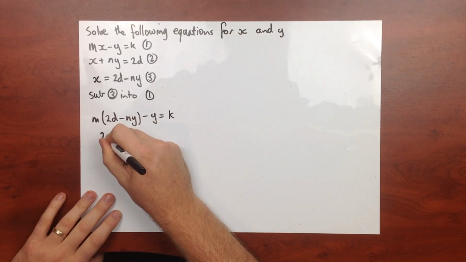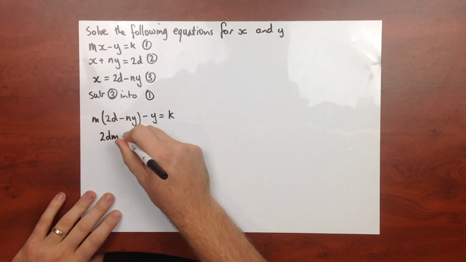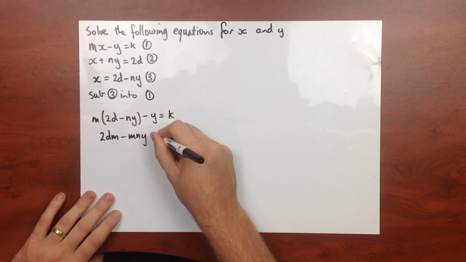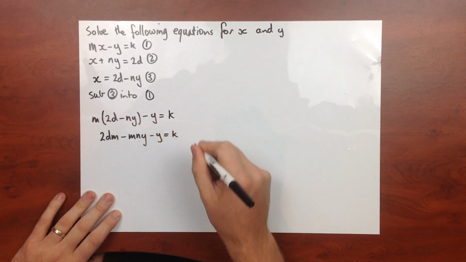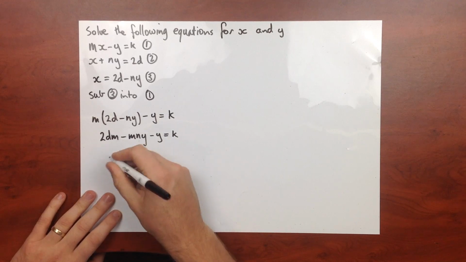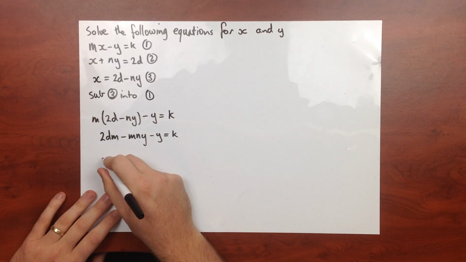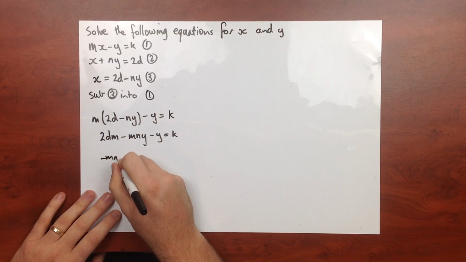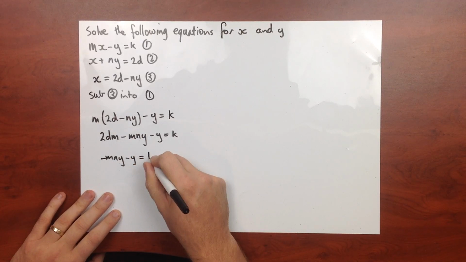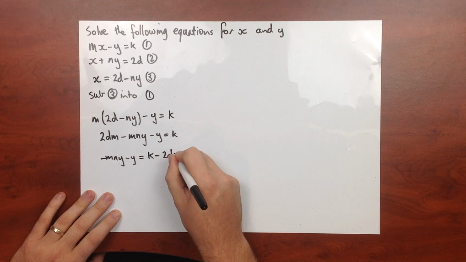So I've got 2dm minus mny minus y equals k. Now I'm going to move a few things around here. I'm going to say that I've got my negative mny minus y equals k minus 2dm.